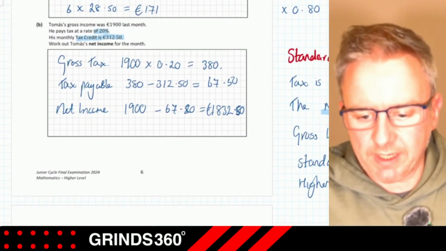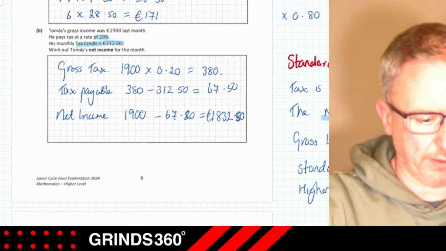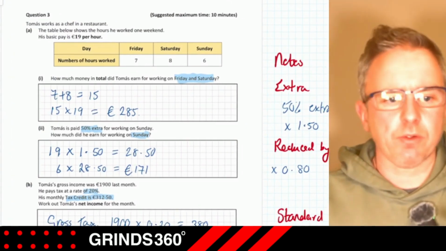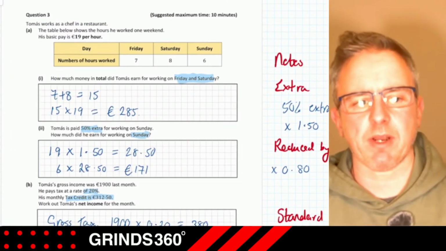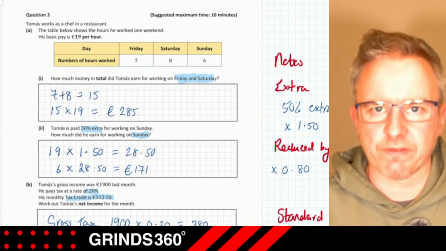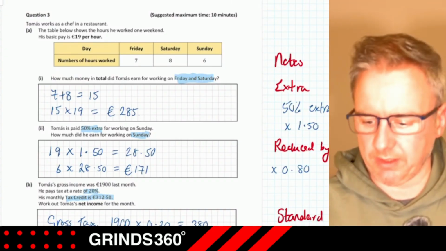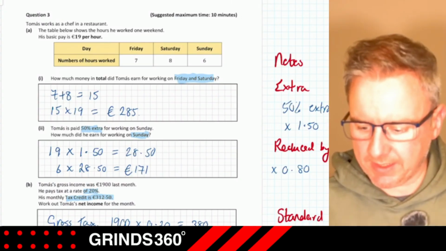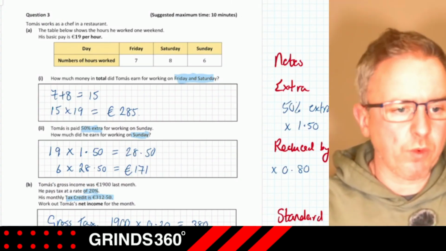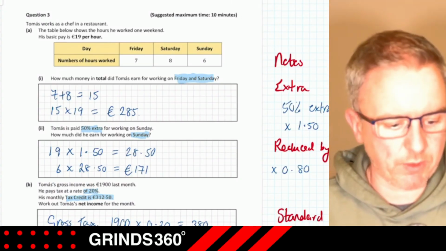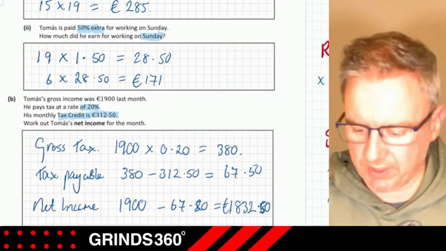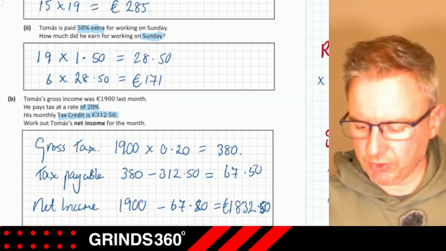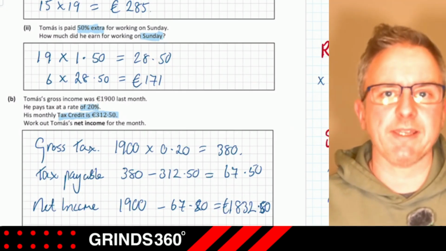Now, a couple of things in terms of the workings on that. Why are we laying them out like this? So your teachers have probably said to you about the way it's marked to make sure you put down all your full workings because of low partial credit and high partial credit. So for example, if we take the tax one, what they had said to the examiners there was, think of this as there being 3 steps: getting the gross tax, subtracting your gross tax from your gross income, and dealing with the tax credit.